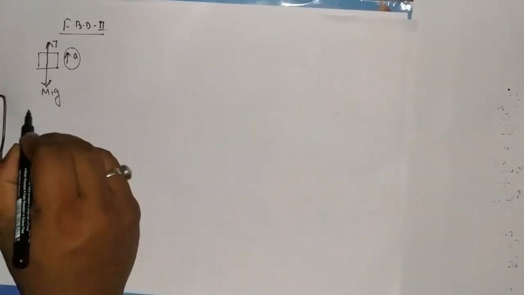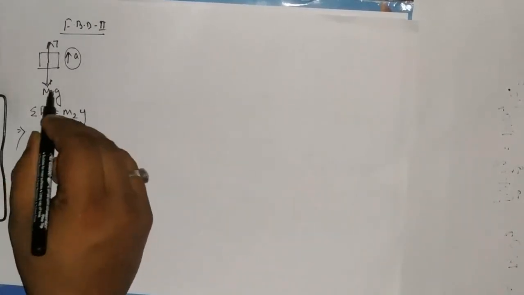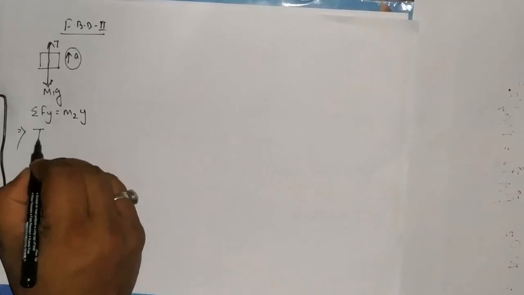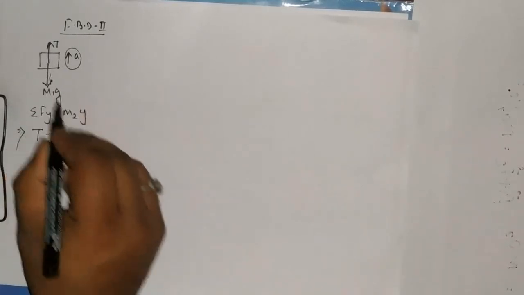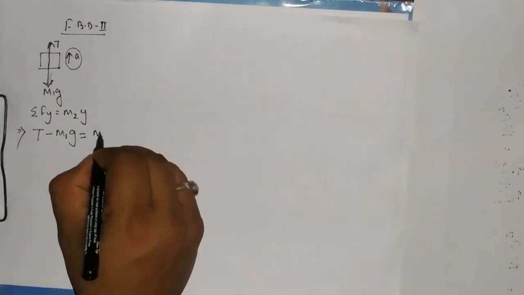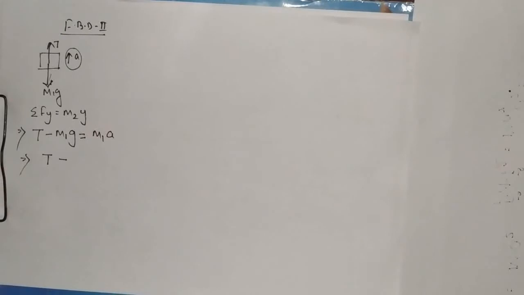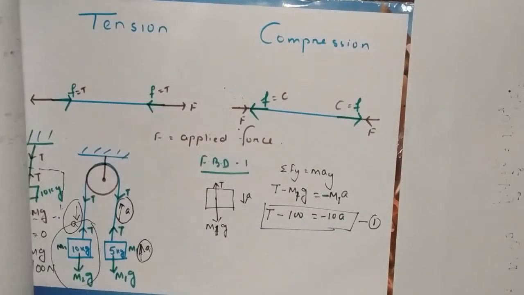Similarly, what will I write? Summation of Fy equals M2Y. So who are the forces? T is plus. This is downward, so M1G is minus. Upward means M1A. So I got T minus, what is the mass I have written here?